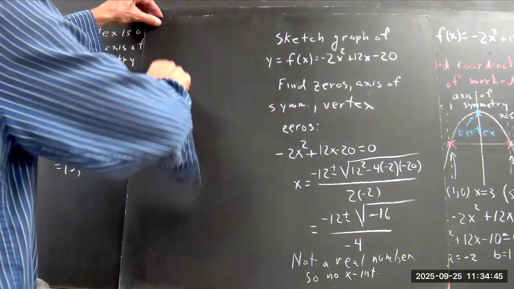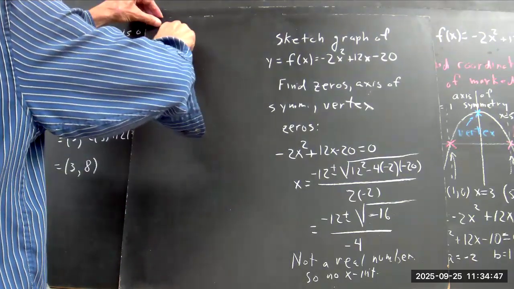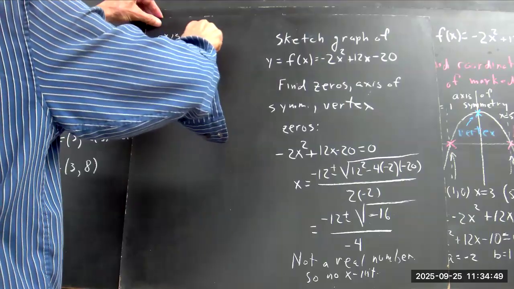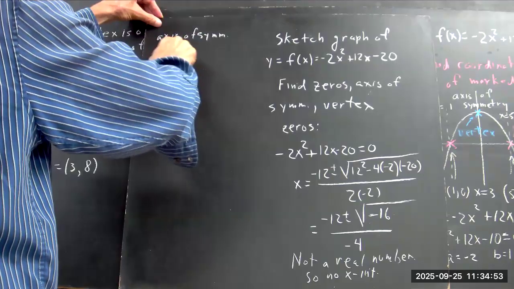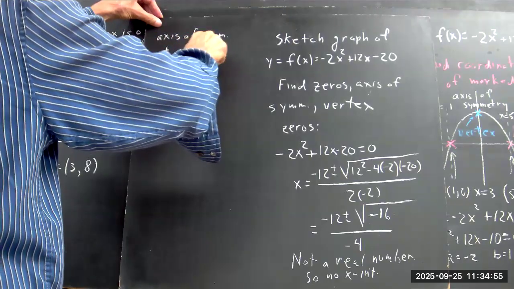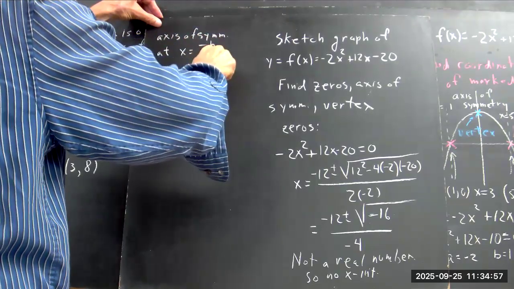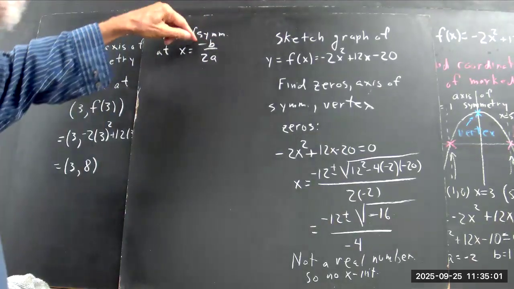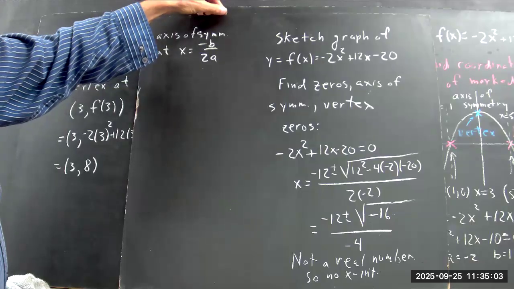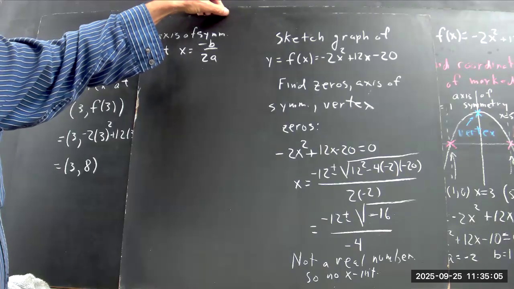Okay, well, we can still find the axis of symmetry. x equals negative b over 2a, which is not a formula I recommend you memorize, although it's a pretty easy one.